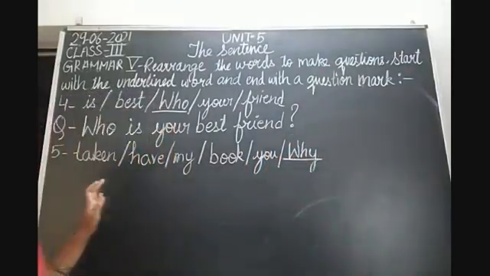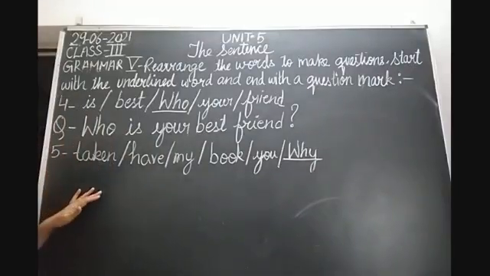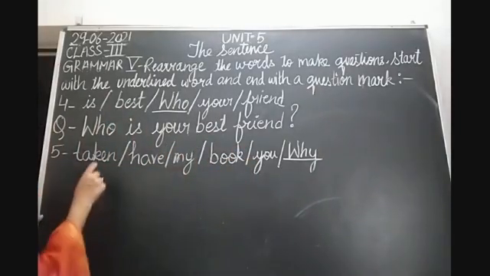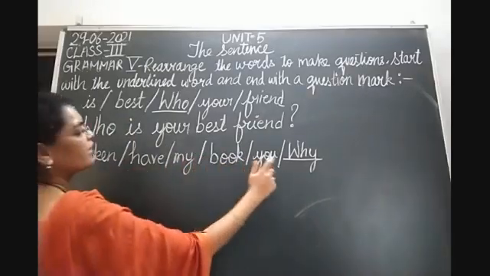These are the jumbled words. Now we need to arrange them in a proper order so that they frame a question. And what do we have to start with? Why. How many words are there? 1, 2, 3, 4, 5, 6.